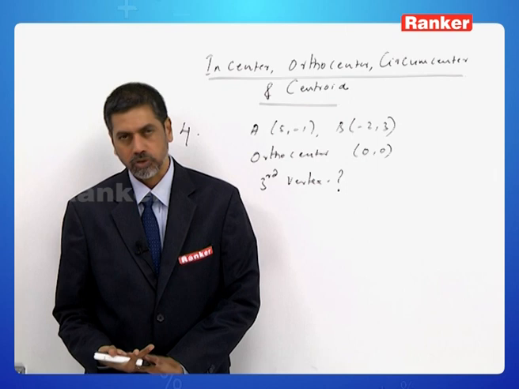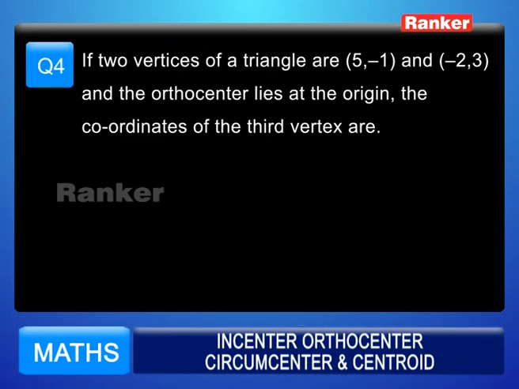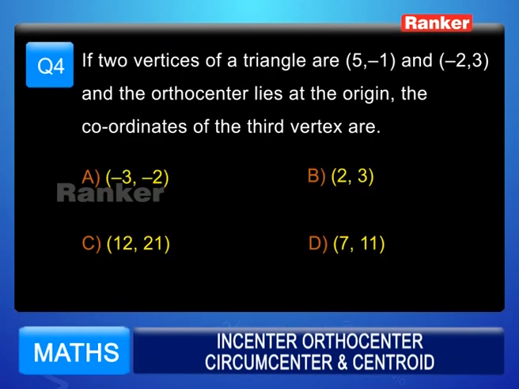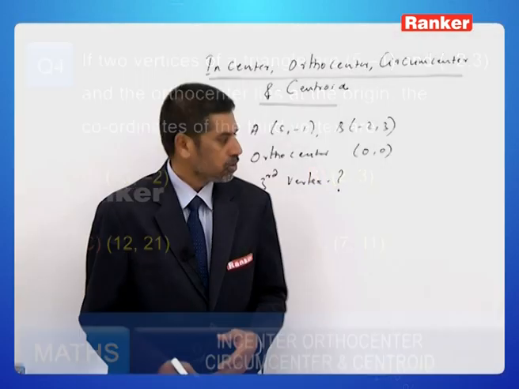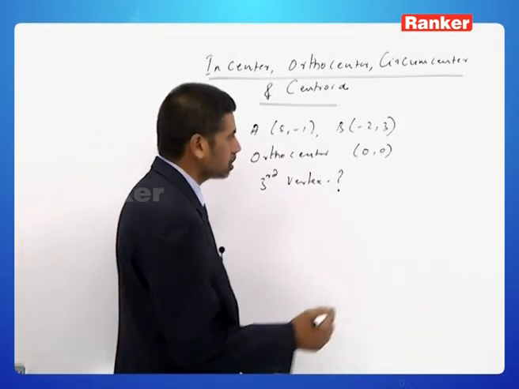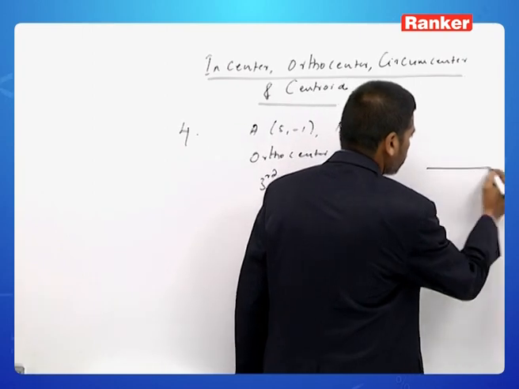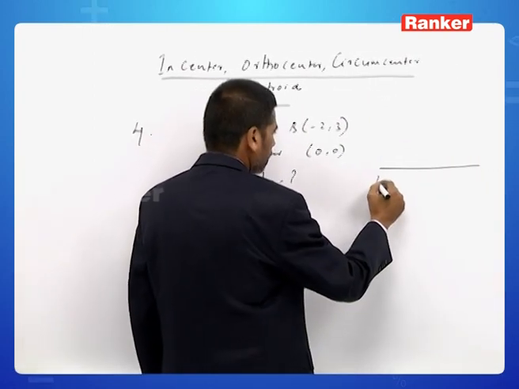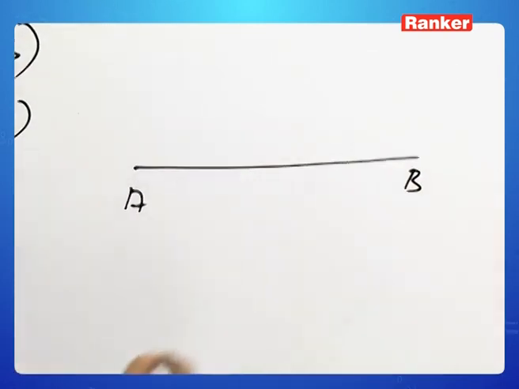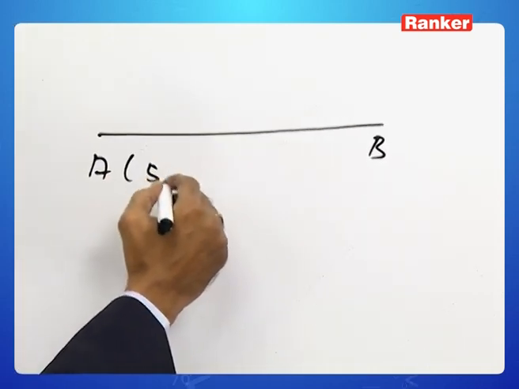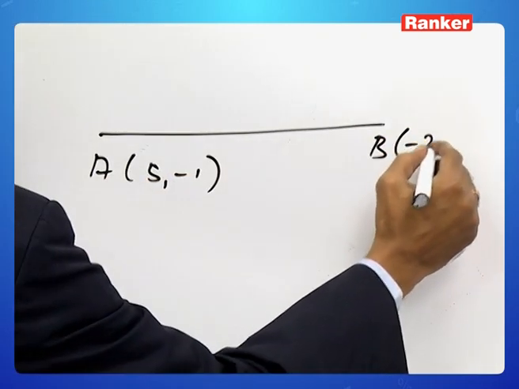One more question on orthocenter. Now this is a problem where 2 vertices of the triangle are given. Orthocenter is declared and the third vertex has to be determined. So let's draw a sketch to this problem. For convenience, we'll take A and B on the base, (5, minus 1), (minus 2, 3).